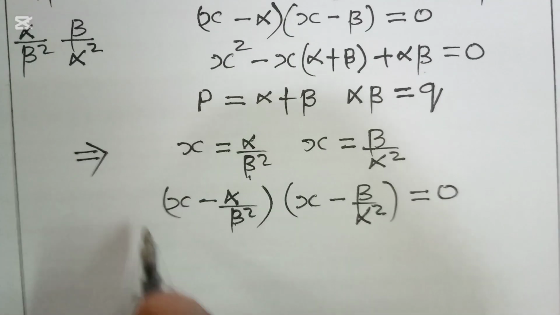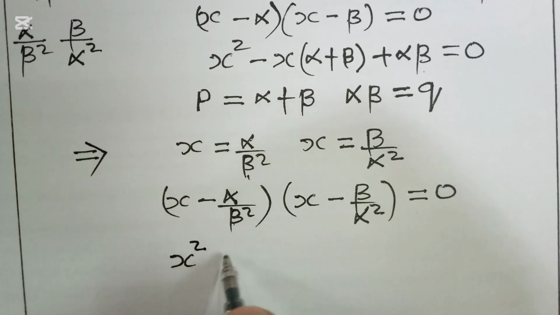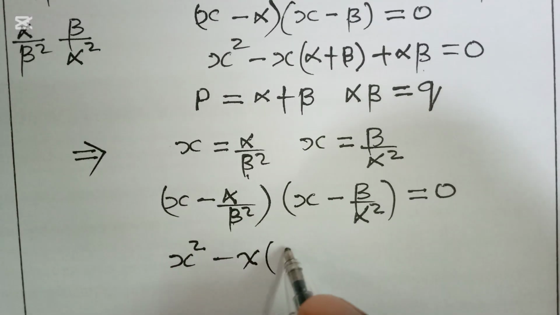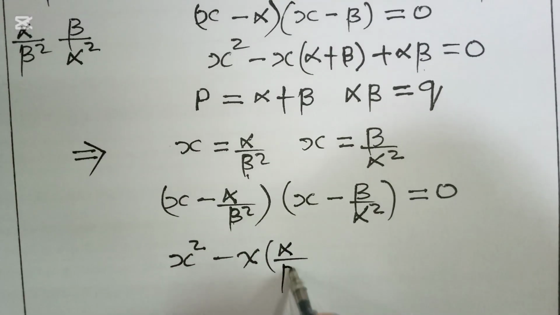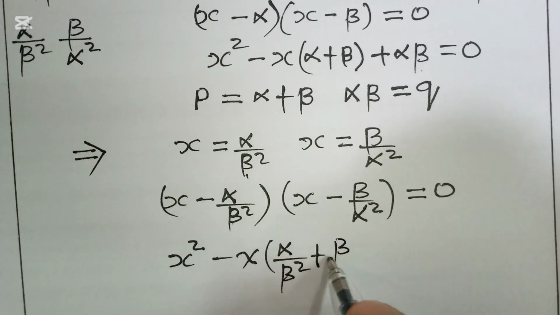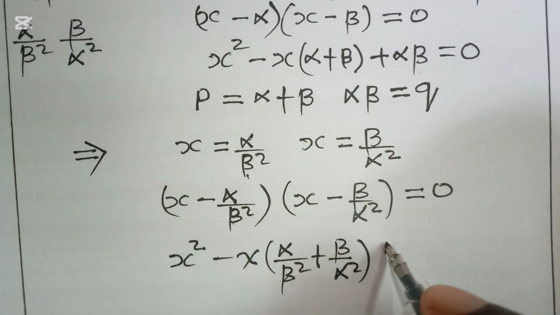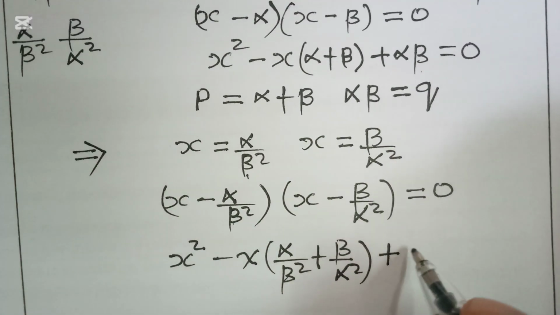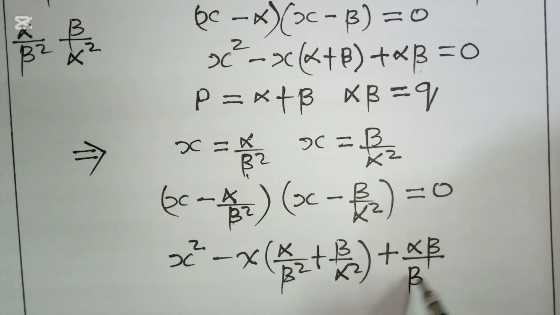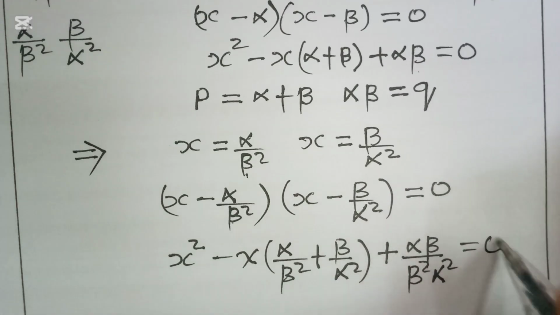Guys, when we multiply that, we shall now have x squared minus x, and then guys, we shall have here alpha over beta squared plus beta over alpha squared, and finally plus alpha beta divided by beta squared alpha squared equals now to 0.